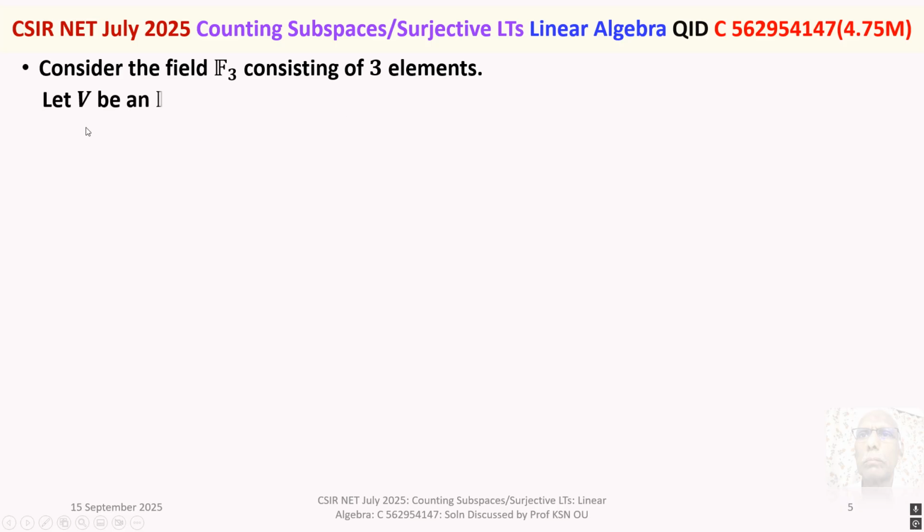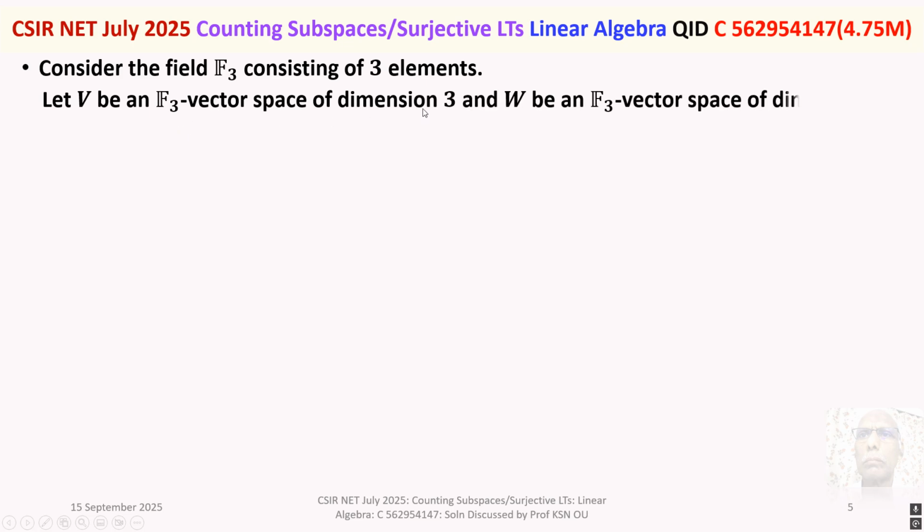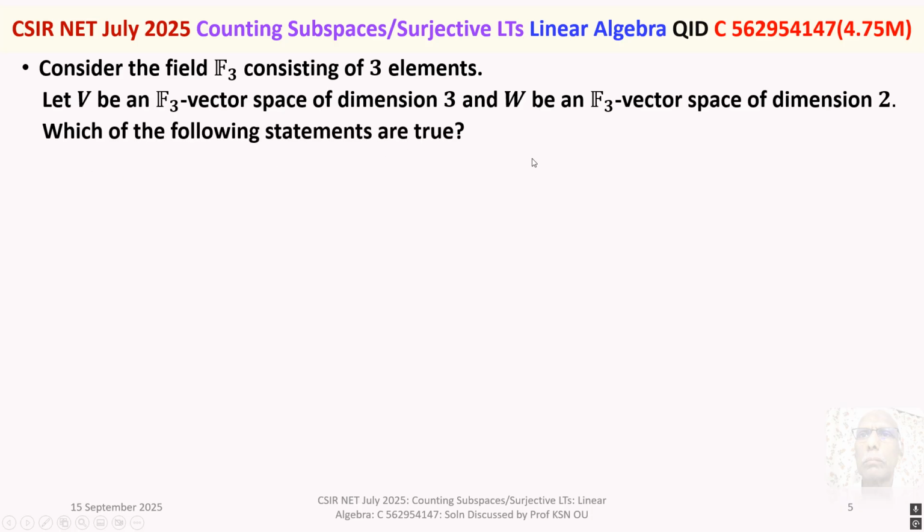Let V be the F3 vector space of dimension 3. V is a vector space of dimension 3 over the finite field F3, and W be a vector space of dimension 2 over F3.